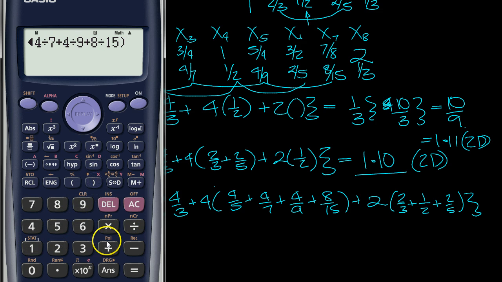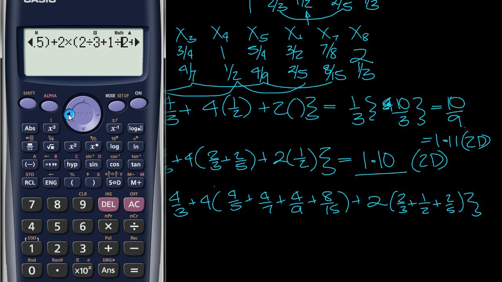Close the 4 times bracket, plus 2 times bracket 2/3 plus 1 divided by 2 plus 2 divided by 5. Close that 2 times, close the bracket at the end. Decimal. 1.155 is what I get, which is a bit of a pain, because to 2 decimal places that would be 1.15.